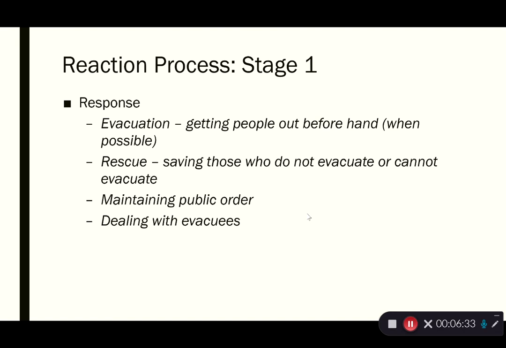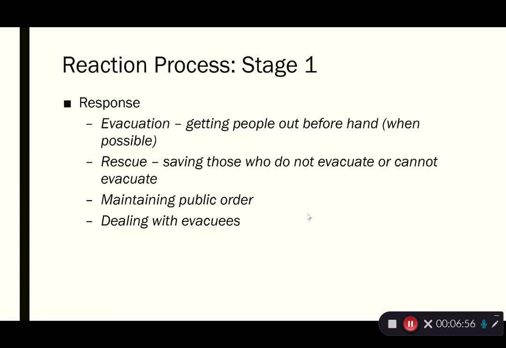A significant percentage of the population in New Orleans either didn't have a car or a reliable car, didn't have the money to pay for gas to evacuate, and so people were trapped in the city because they just financially or physically couldn't leave. And so you want to make sure those people have the services they require, have a safe place to go, or that they're picked up if they need to be.